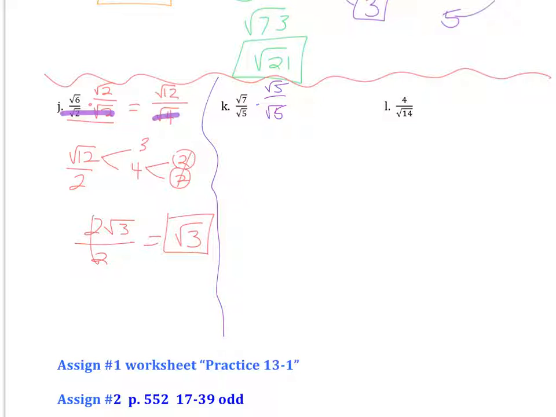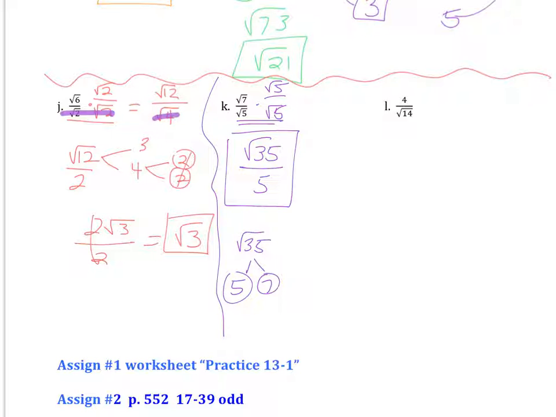We're rationalizing that denominator. So on the top, I get the square root of 35, and on the bottom, again, remember, square root of 5 times the square root of 5 is just 5. 35 breaks down into 2 prime numbers, so I'm actually going to leave it just like that. I'll show you what I mean. So 35 is 5 times 7. Those are both prime numbers, so they would be multiplied together and stay under that square root then.